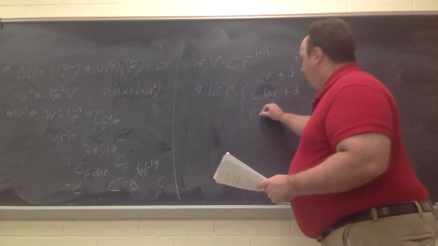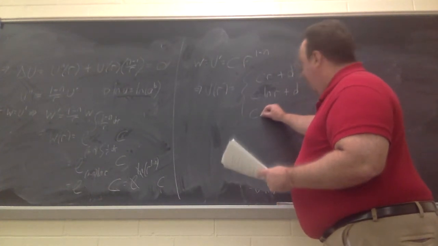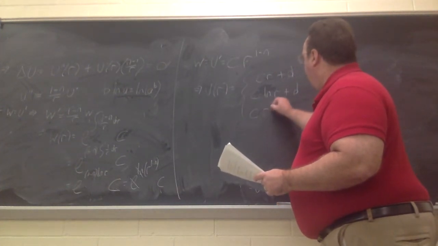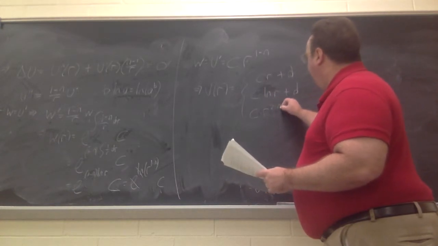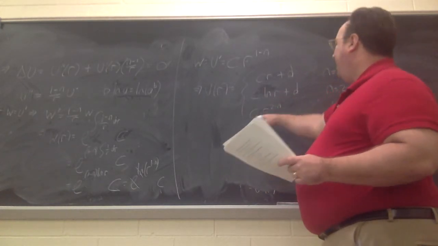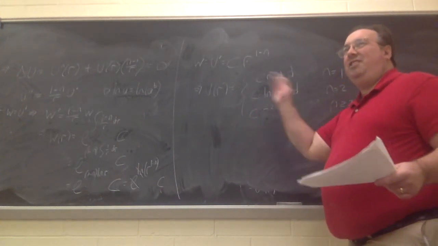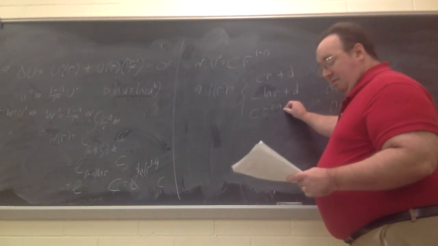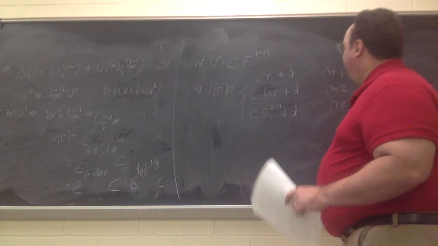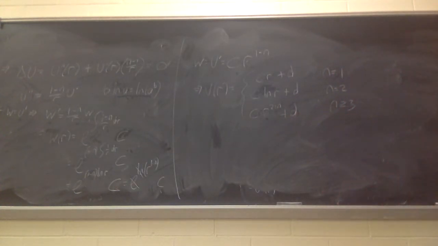So I'd have C times r to the 2 minus n. Really I'd be dividing by something because of the power rule, but I have an arbitrary constant, so I can just ignore that. Again, plus a constant. So that's the form the solution has for the different dimensions. It's interesting how the number of dimensions drastically affects what kind of function you have for the solution.